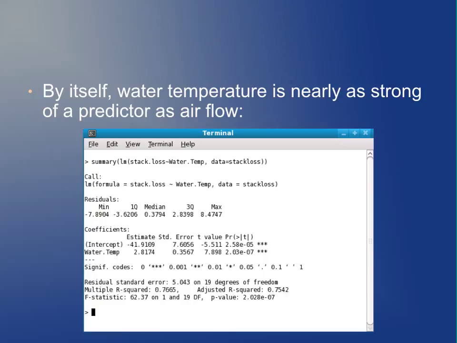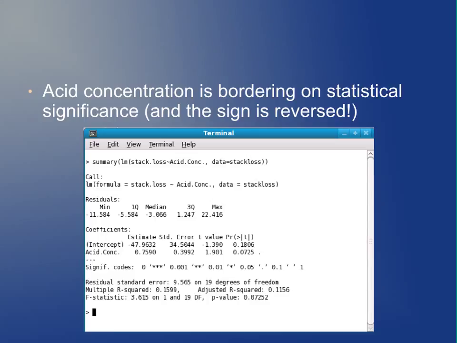Suddenly the p-value is 2 times 10 to the minus 7 rather than just 0.003 or whatever it was in the multivariable case. And acid concentration is almost statistically significant, and the sign of the coefficient reversed. In the multivariable model, it looked like higher acid concentration was associated with lower stack loss, but now this is showing higher acid concentration is associated with greater stack loss.